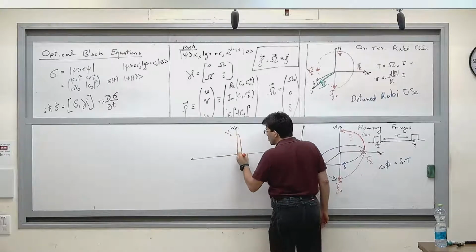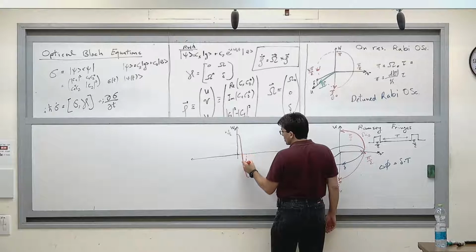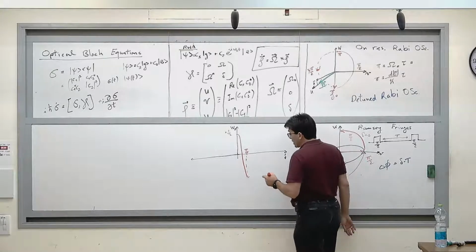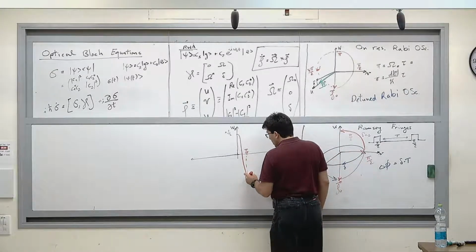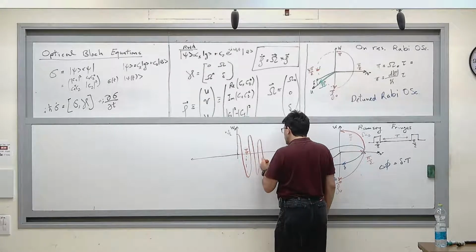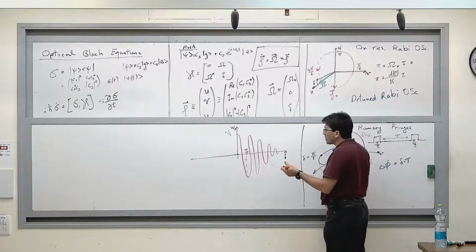And then at pi over t, we go to a minus half, and then we basically go up and down, and eventually it decays, because it decays on a time scale.